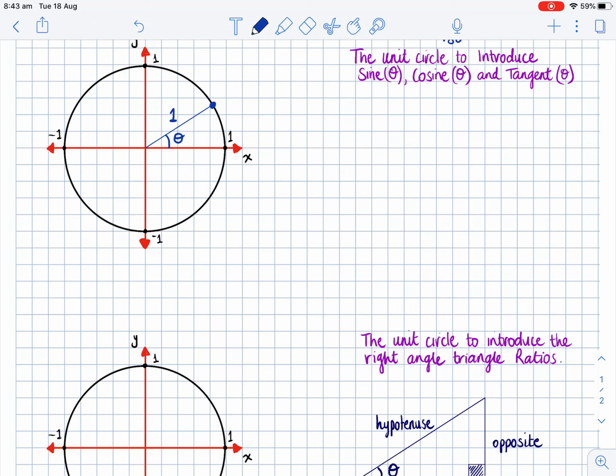What sine and cosine are about is breaking up these angles, or these components of the unit circle, into vertical and horizontal components. So sine and cosine is a way of breaking up that line there into its vertical and horizontal components.